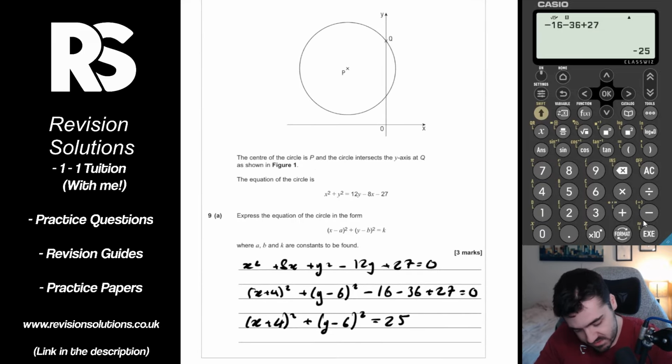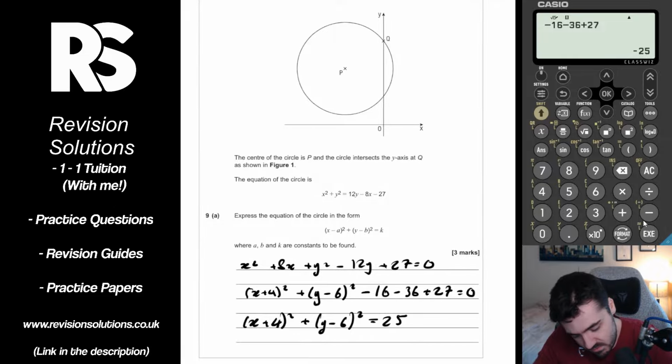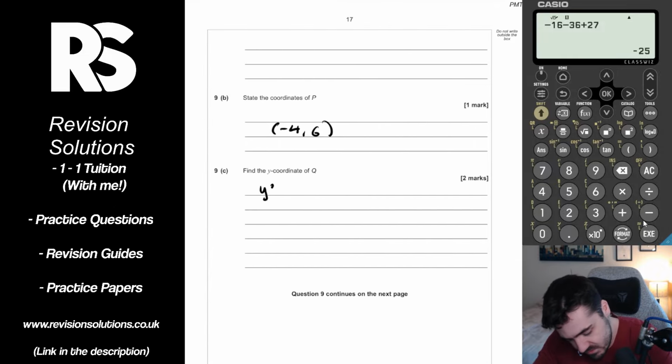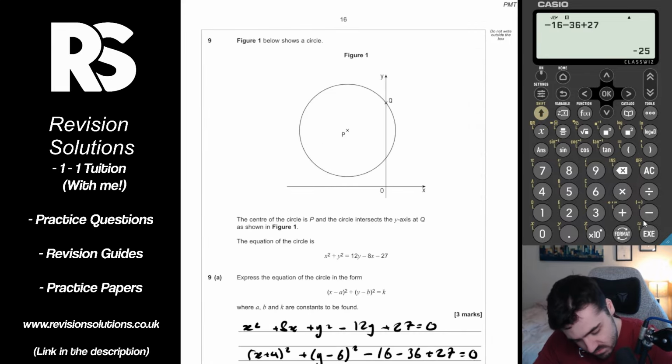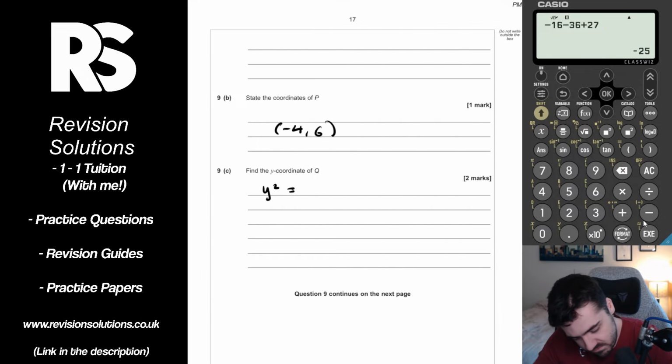So if we plug x equals 0 into our form, or into this form, actually, that's the expanded form. We're going to need to expand anyway. Let's do that. Then we'd have y squared equals, because that guy and that guy go, 12y minus 27.